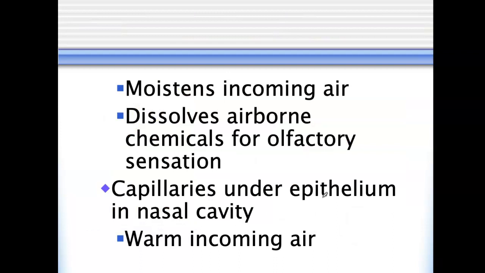Remember, it's going to moisten that incoming air. And when you want to smell something, that mucus is going to be an environment for those airborne chemicals to dissolve in. If they dissolve in that fluid, now those neurons, it's a chemoreceptor that's sitting there. That chemoreceptor is now able to understand that airborne chemical. Not when it's airborne. It has to first dissolve in the mucus of the nose.